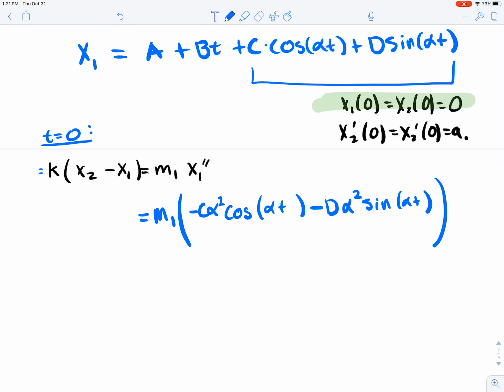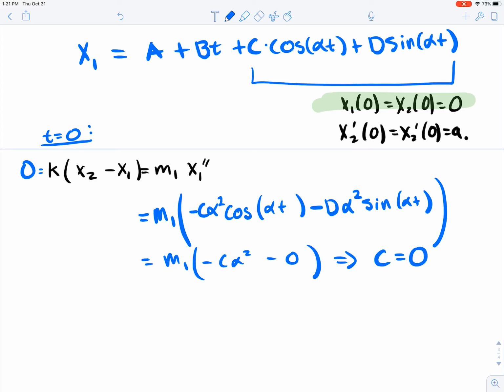I get a 0 on the left, and on the right I have m1 times negative c alpha squared. If I plug in 0 here, I get just 1, while on the right I get 0. So therefore, the conclusion is that c is identically 0.